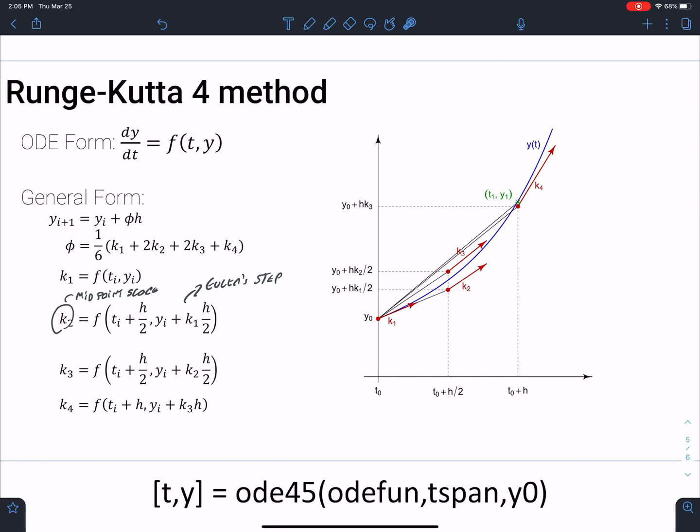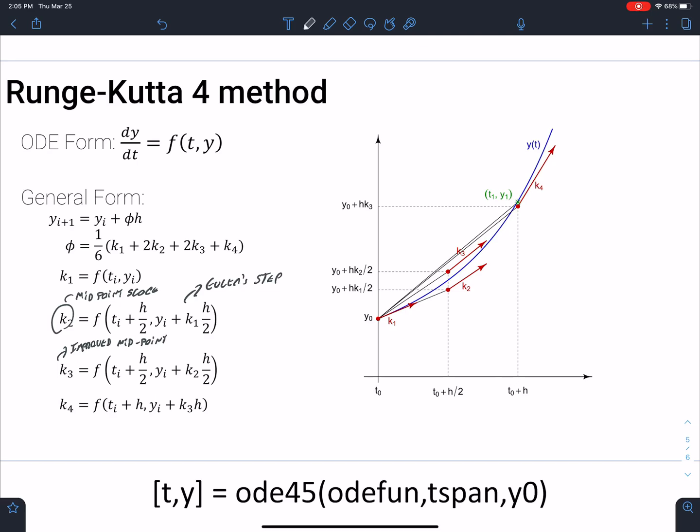So I can use K2 for my new estimate of this half-point step, right? So you can call this the improved midpoint method, right? It's one way to think about it.